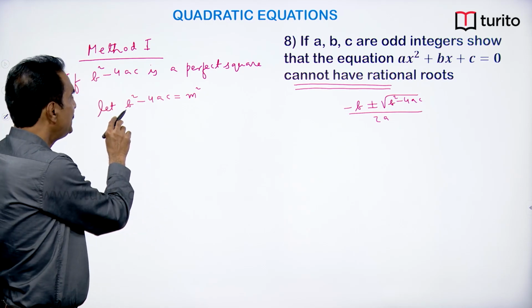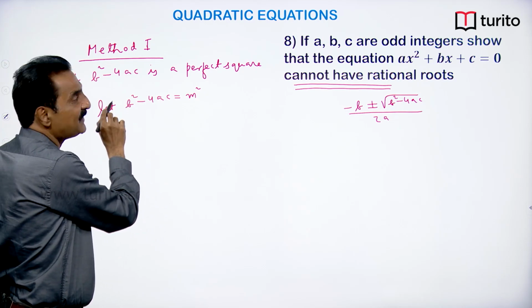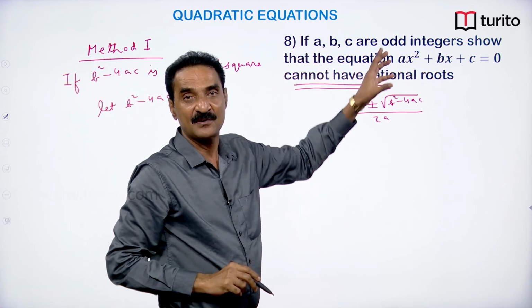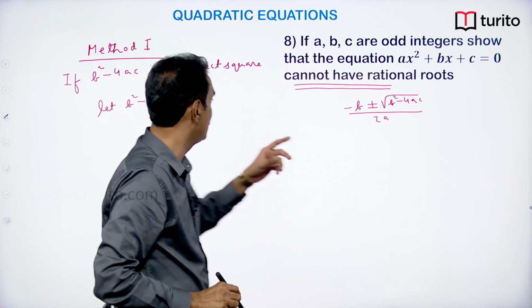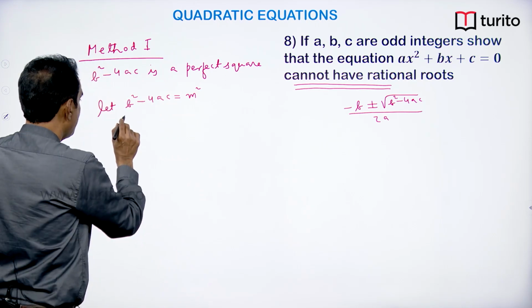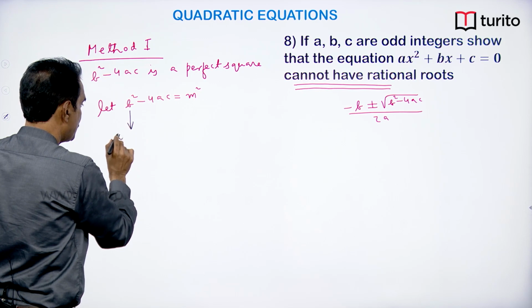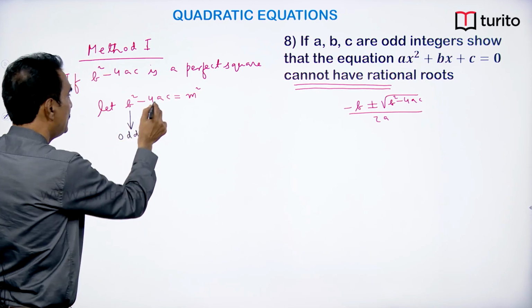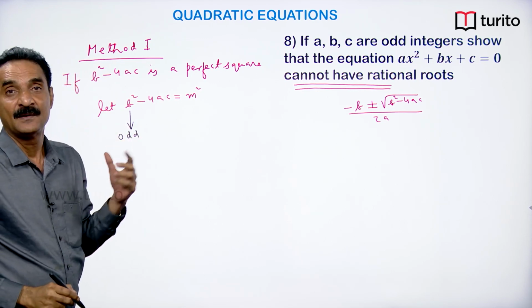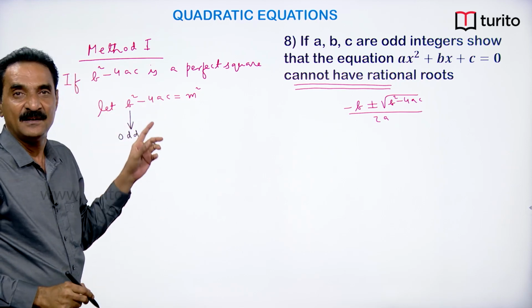First, b square is odd, because b is odd, and the square of an odd number is an odd number. This is odd. What about 4ac? Since 4 is there, it is even.